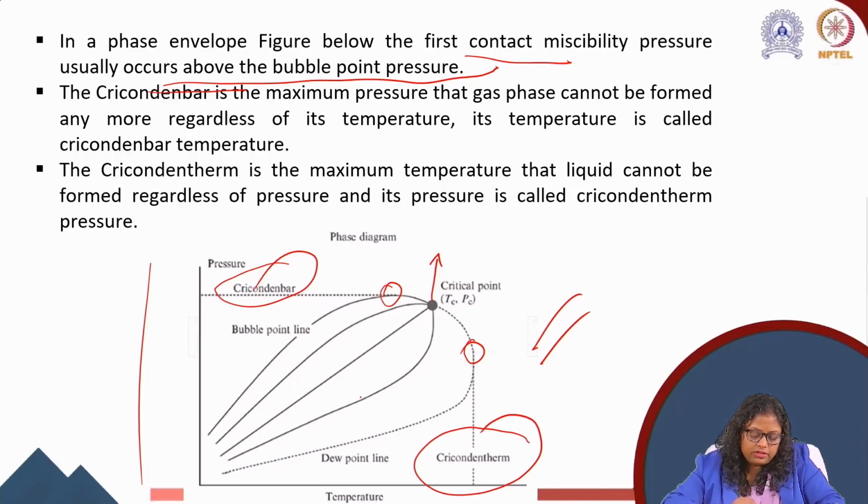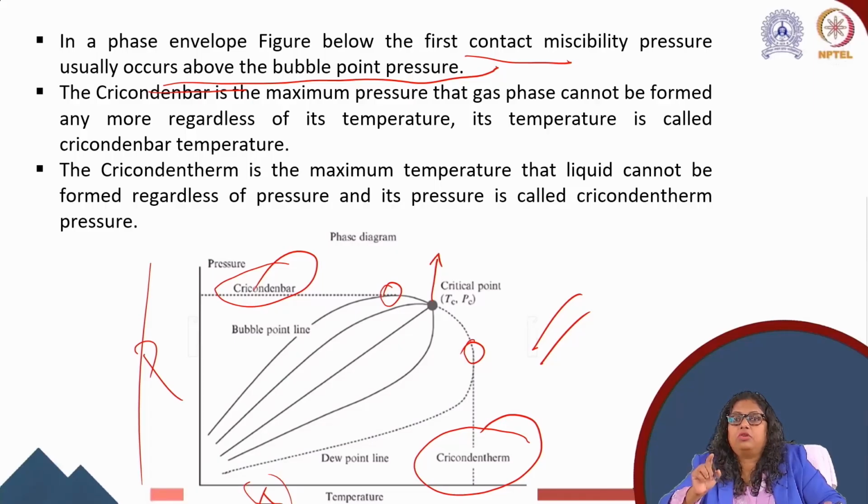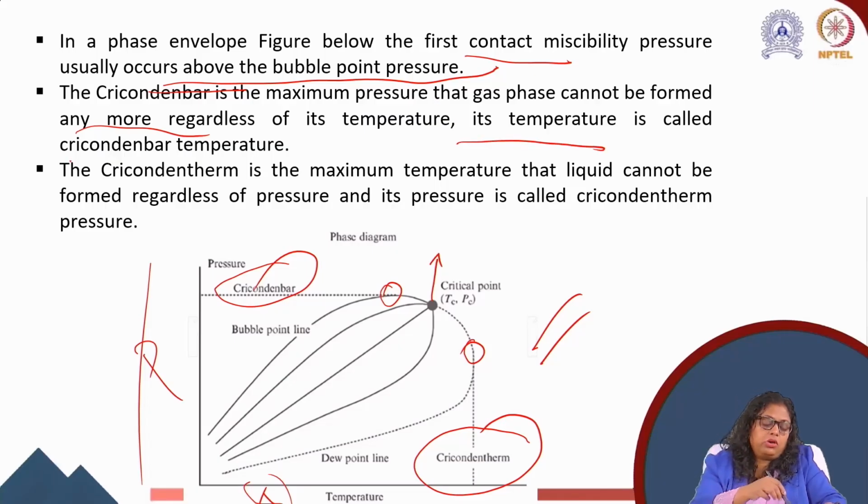Then we have the different dew point lines and the different bubble point lines, and this is pressure versus temperature, nothing but the phase diagram. So the cricondenbar is the maximum pressure above which the gas phase cannot be formed anymore regardless of temperature. Its pressure is called the cricondenbar pressure.